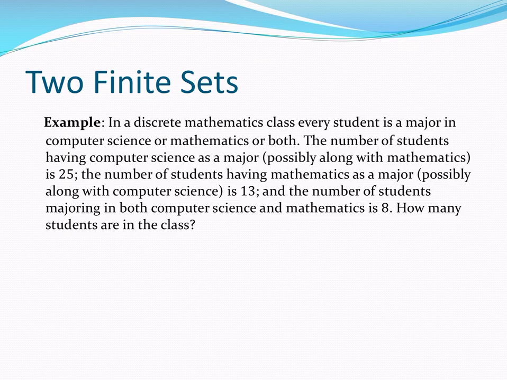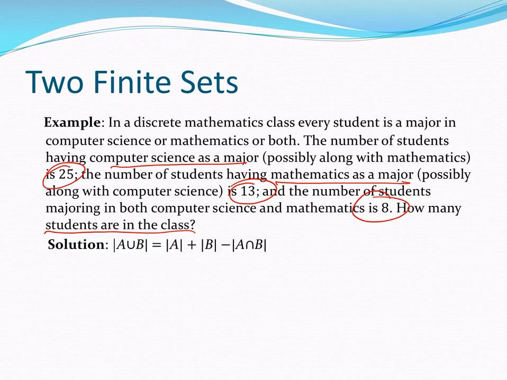Here's an example with two sets. I've got computer science majors and math majors, 25 computer science, 13 math, but I have some that are double majors. So how many are in my class? The number in class is the cardinality of the union of those two sets.